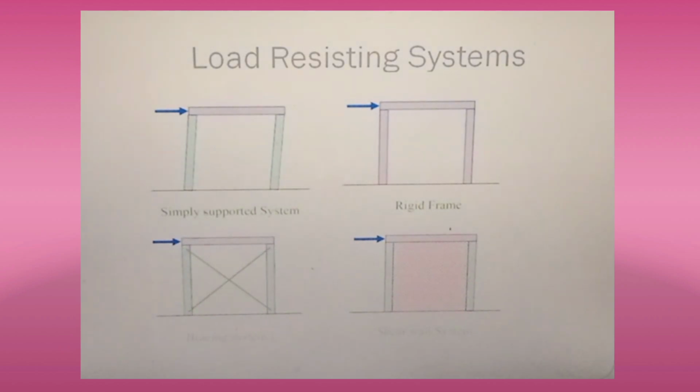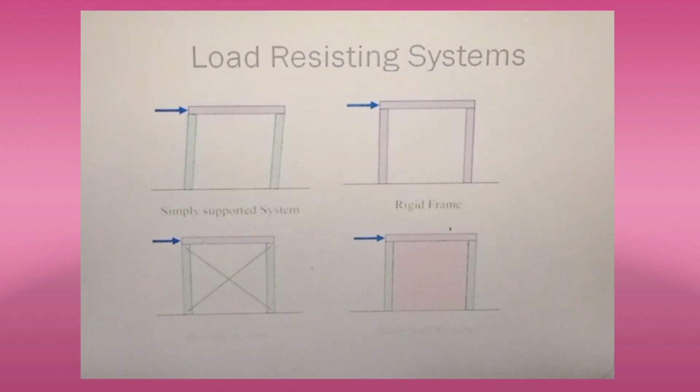Here, four types of load resisting systems are shown. This is a simply supported system. If the system is simply supported and affected by a lateral load, it is going to deflect like this. In a rigid frame, if the lateral load is acting in this direction, it is not going to deflect much.